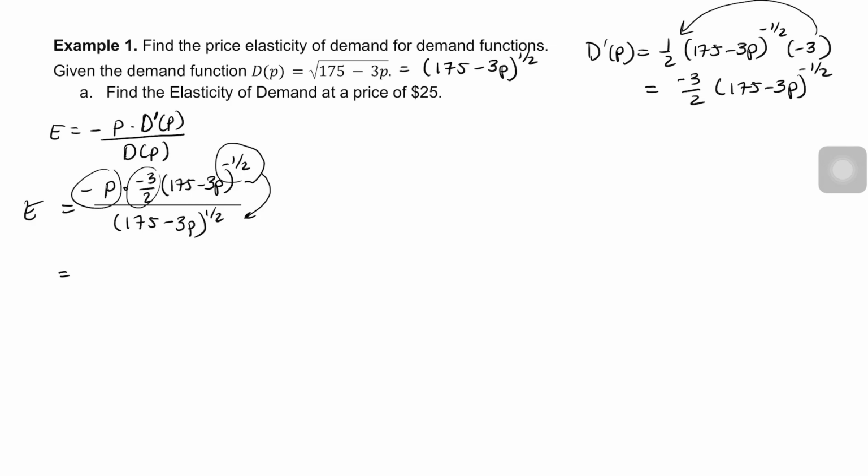Negative p times negative 3/2 is positive 3/2 p, over 175 minus 3p to the 1/2, and when you bring this whole thing down, the sign changes from negative to positive.